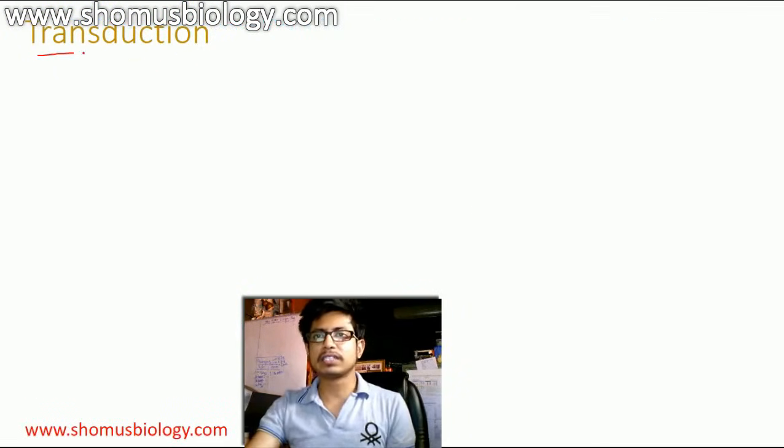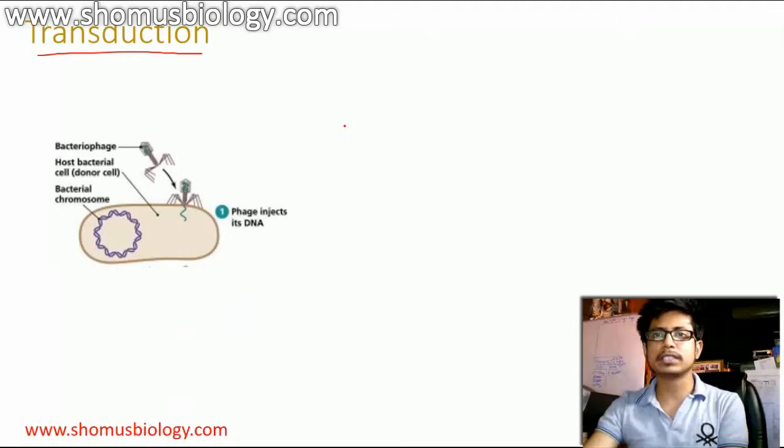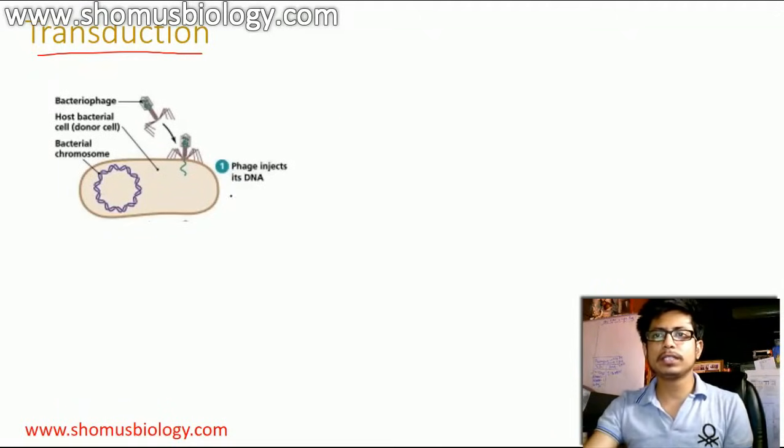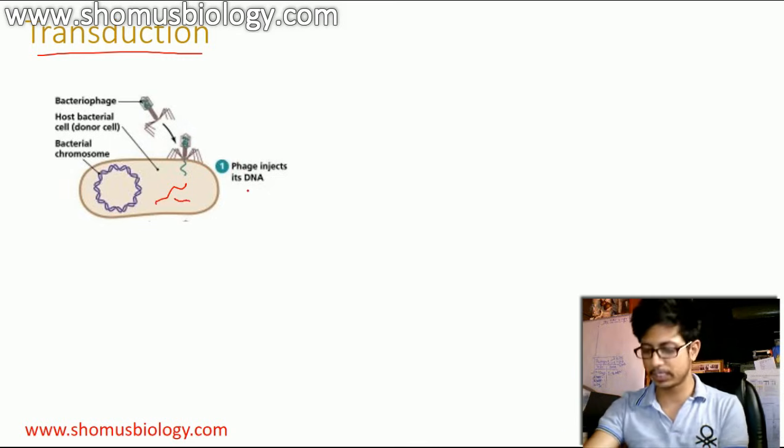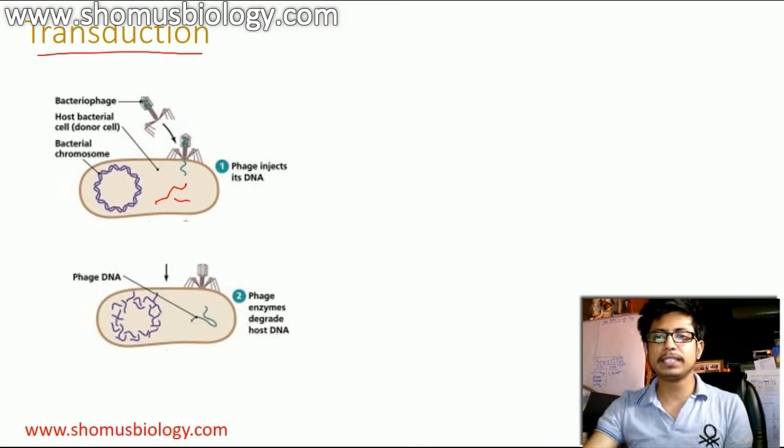The last one is transduction, and if we look at the process in detail, here we go. The donor bacterium is infected by a bacteriophage. The normal process of bacteriophage entry is the injection of the phage genome inside the host bacterium. Then the host bacterium's DNA is degraded by the phage.